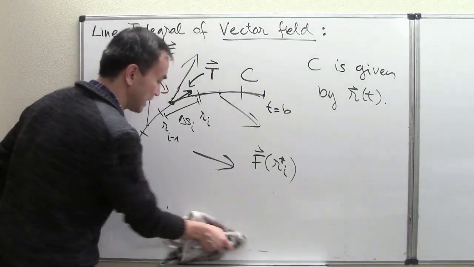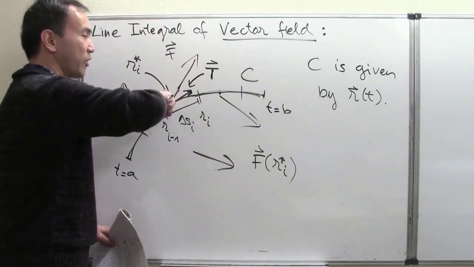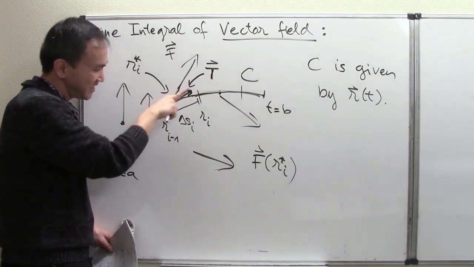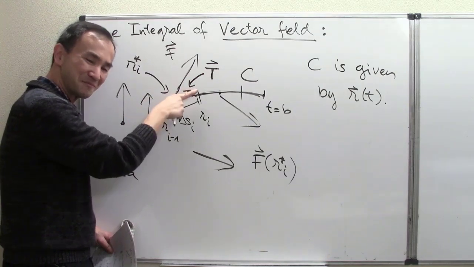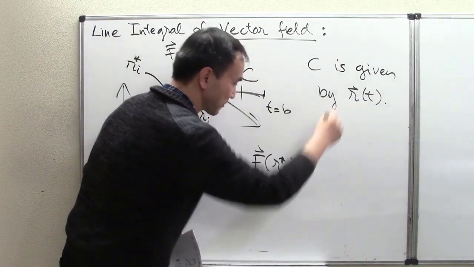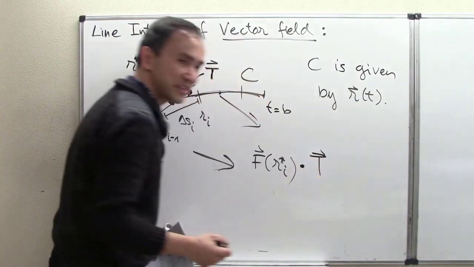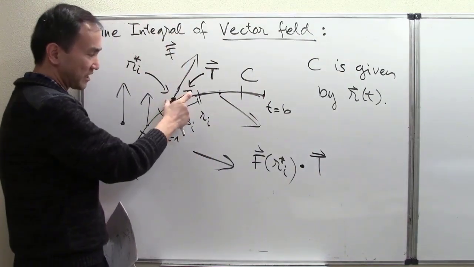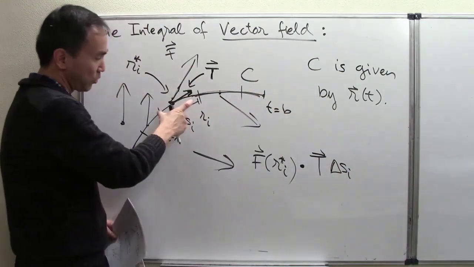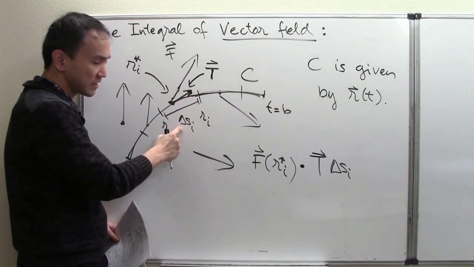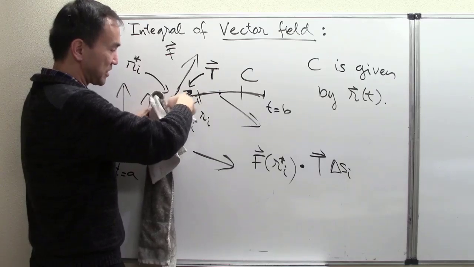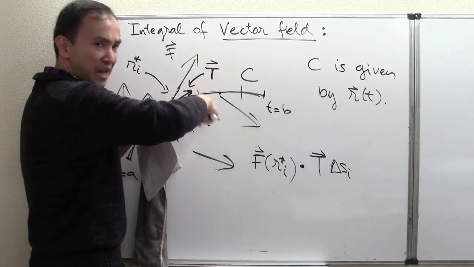Because I keep mentioning force. Force is being exerted in a direction indicated by a directional vector. At that point we've got a force, exerted in a direction indicated by the vector T. The vector T is always length 1, but the vector T multiplied with delta s sub i, the little magnitude being the length of delta s sub i, gives a tangent vector long enough to be about the same length as that.